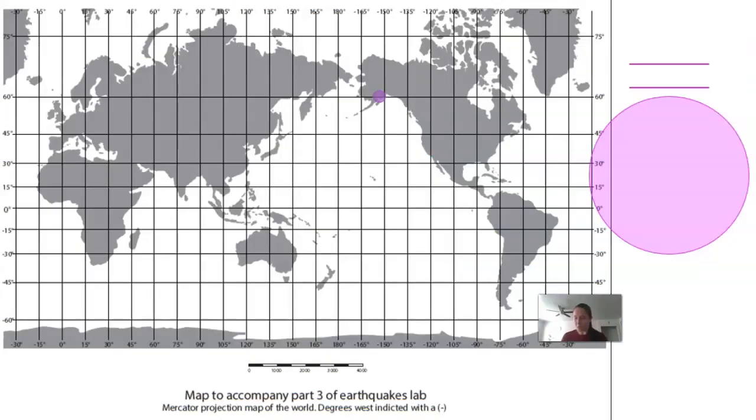So if this is your map, which it is, and we have found that the distance from Anchorage to the earthquake is 2,800 kilometers, then using this scale here at the bottom of the map, this is already measured to be 2,800 kilometers, conveniently so. And if we put that as the radius from Anchorage outwards, and we have, again, a circle.